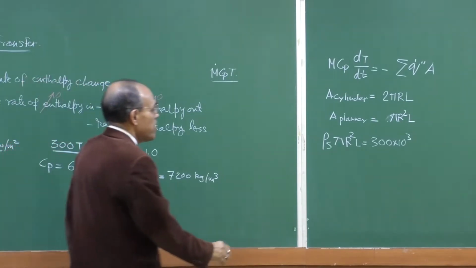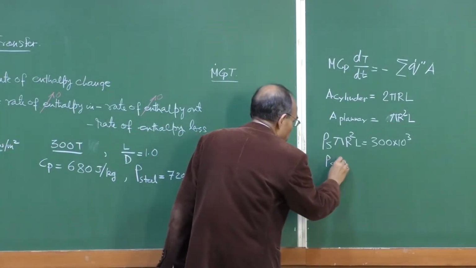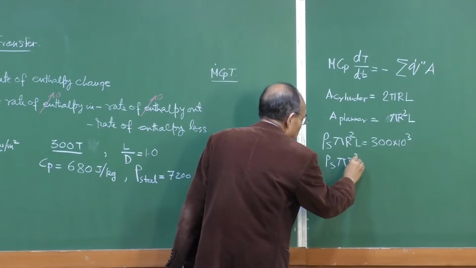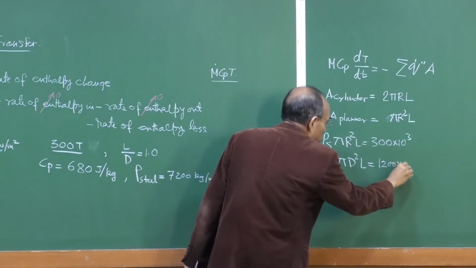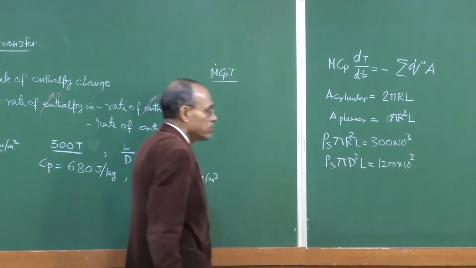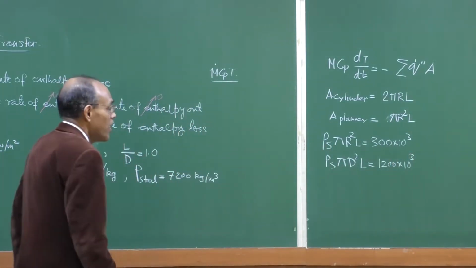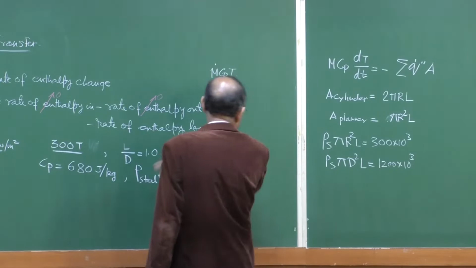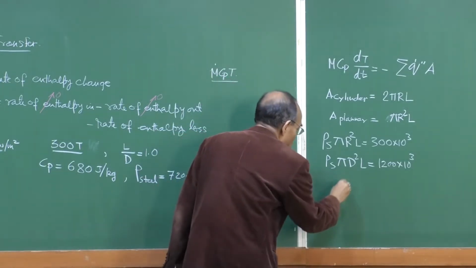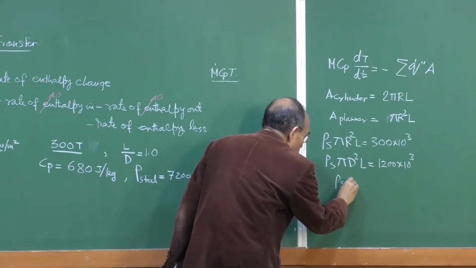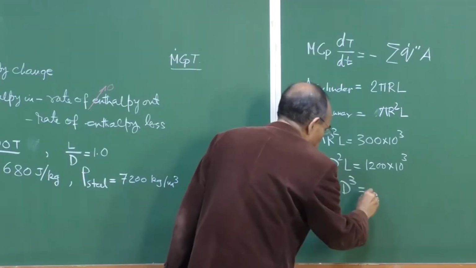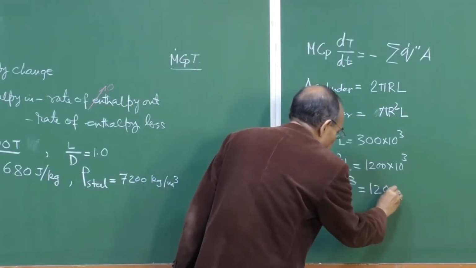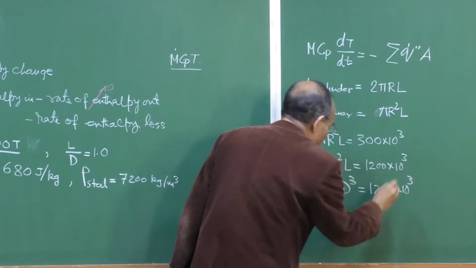Or rho s pi d square L by 4 is equal to 300 into 10 to the power 3. With r equal to d by 2 and the aspect ratio given to be 1, we can say rho s pi d cube by 4 is equal to 300 into 10 to the power 3.